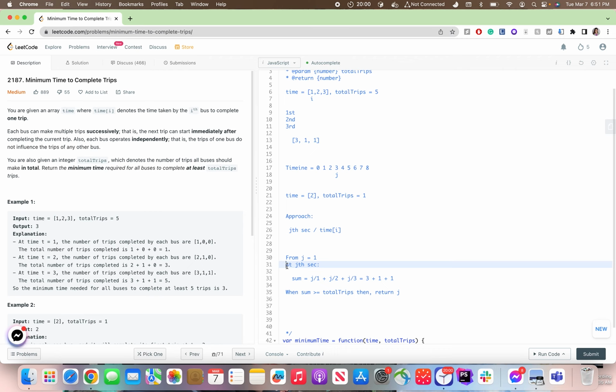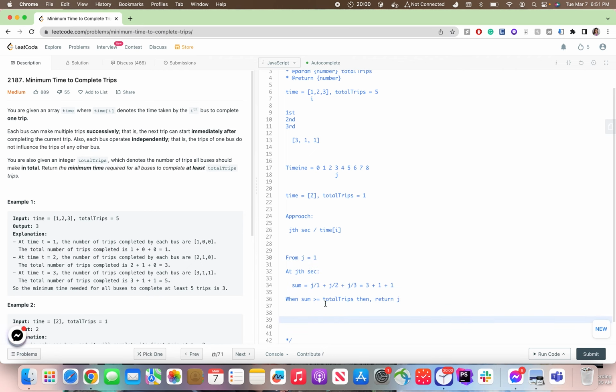But if this is the solution, then I would have to do this for so many values, right? I would have to do this iteratively. For j is equal to 1, it would take O of n time.